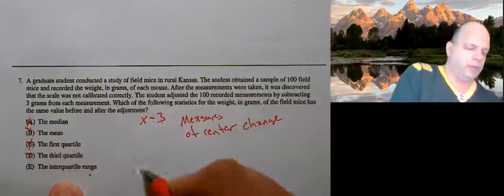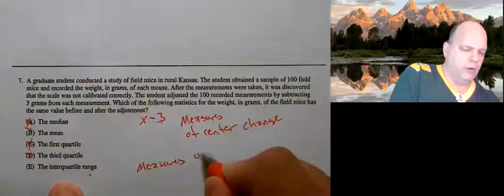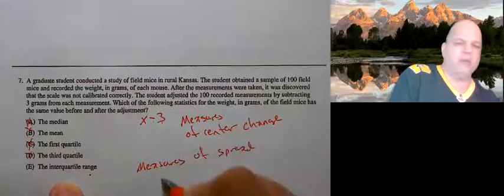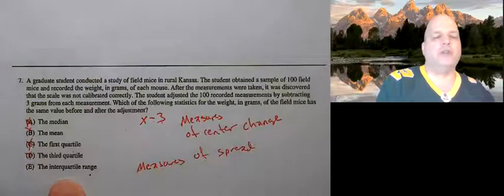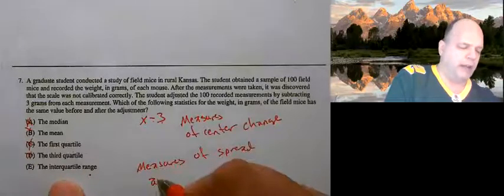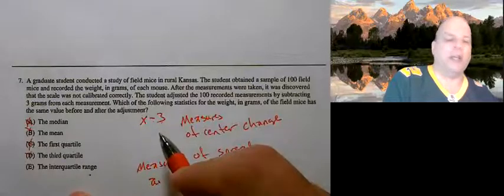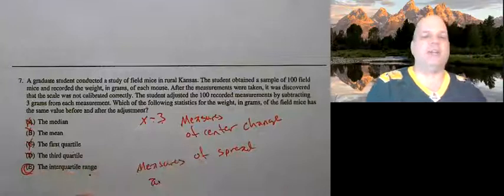Why? Measures of spread, that means range, interquartile range, standard deviation, are not affected by adding or subtracting a constant. They are impacted by multiplying, but not adding or subtracting.